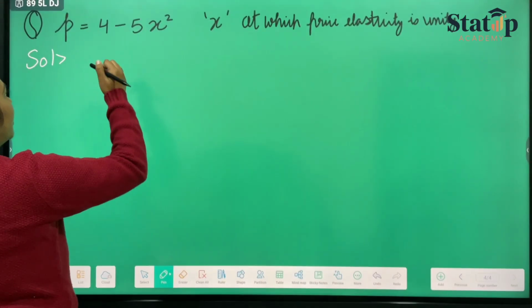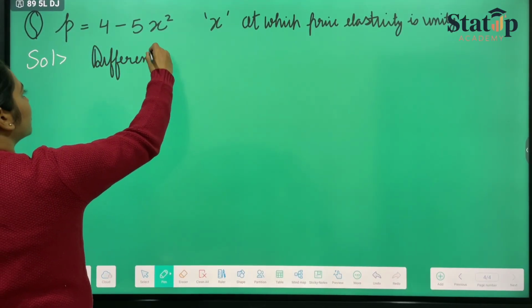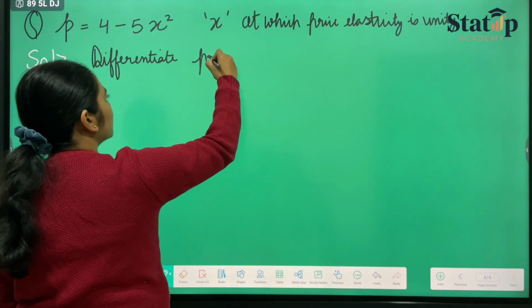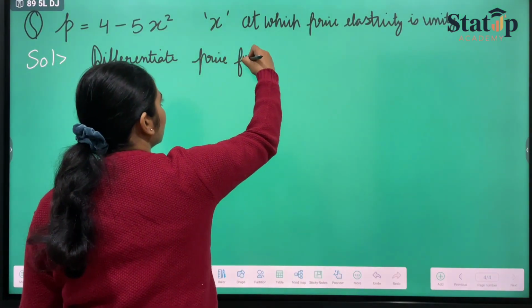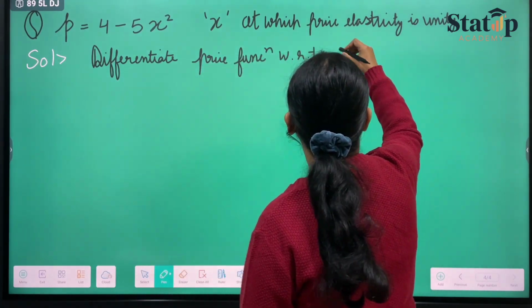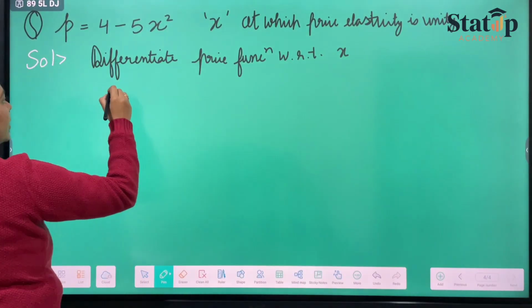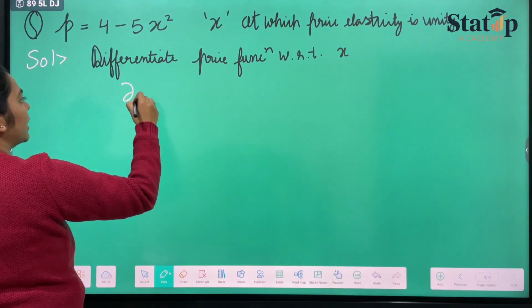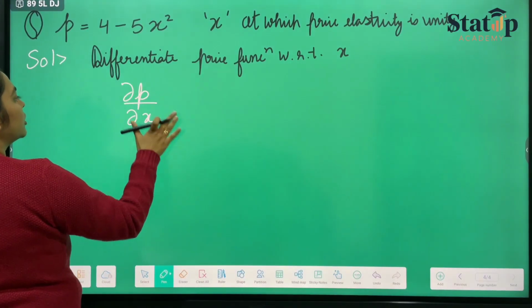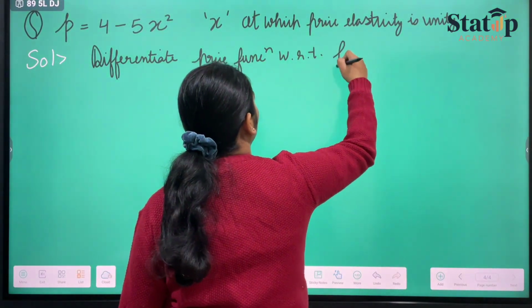So first of all, we will differentiate the price function with respect to x. We will differentiate this with respect to p only.